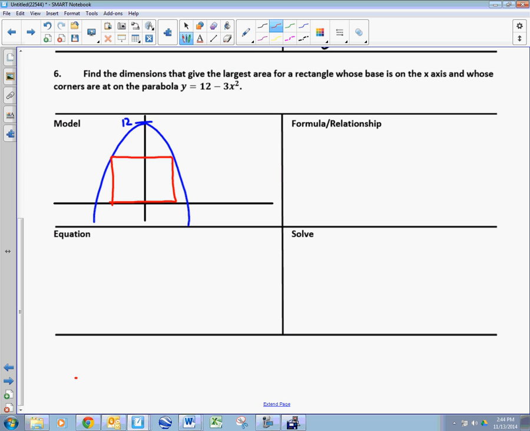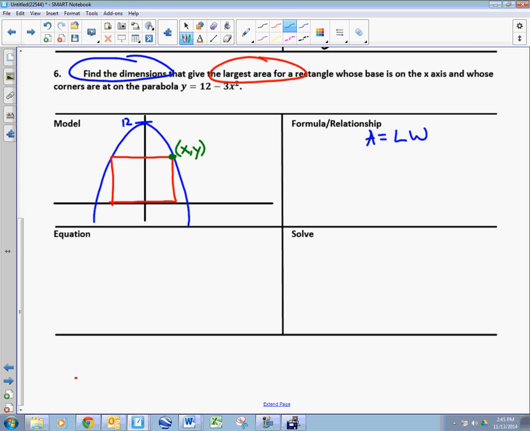What I need to do is maximize the area, the largest area. I want to find the dimensions that give the largest area. So I have area is equal to length times width. I'm going to give a little hint here. This corner is x, y.